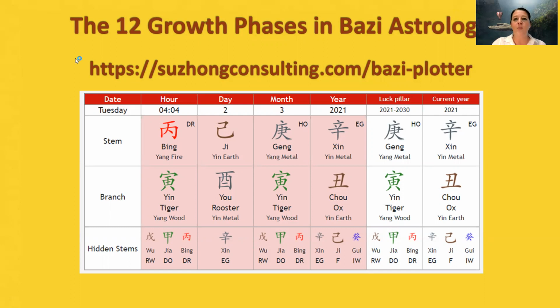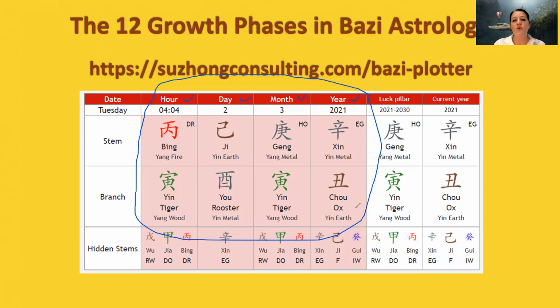And then what is important is this part here. The part that is highlighted in pink, this is what we call the natal chart. And as you can see, there is a year pillar, a month pillar, a day pillar, and an hour pillar. Each one of them has an animal sign.